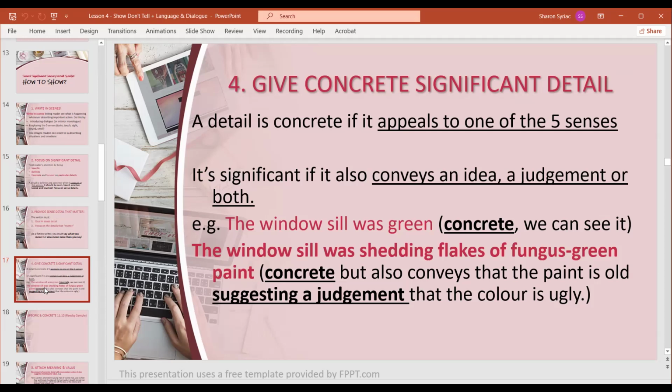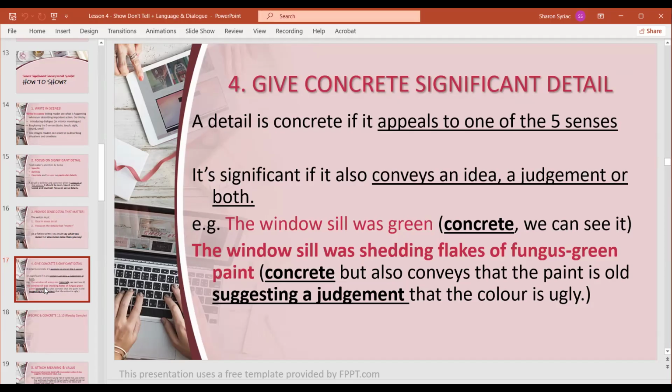We can see it. But if you write the windowsill was shedding flakes of fungus green paint, that is not only concrete, but it also conveys an idea that the paint is old. It suggests a judgment that maybe the people living in this house are poor. It is suggesting that the color is ugly and making a judgment.